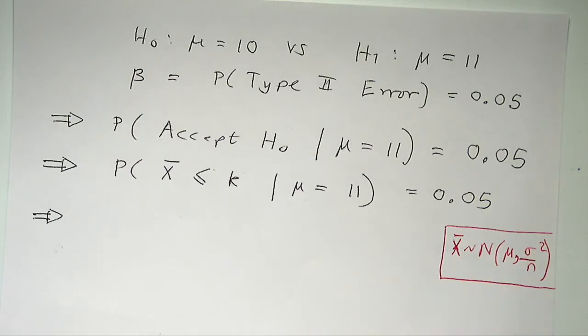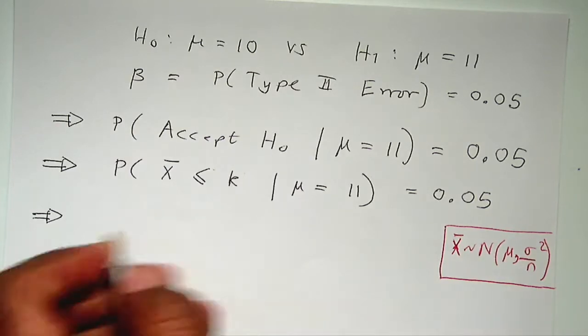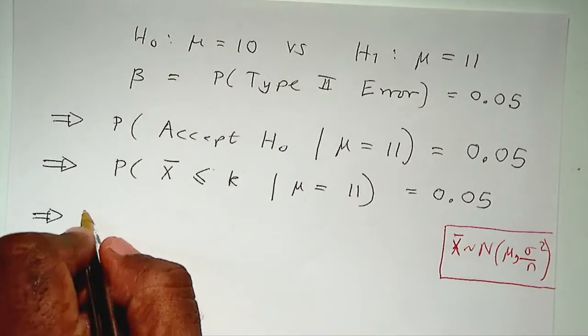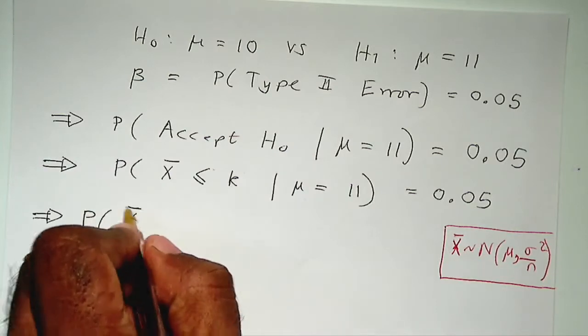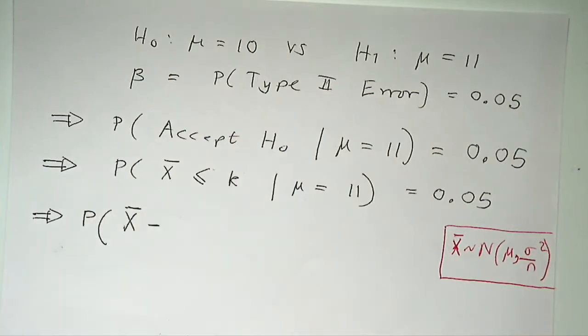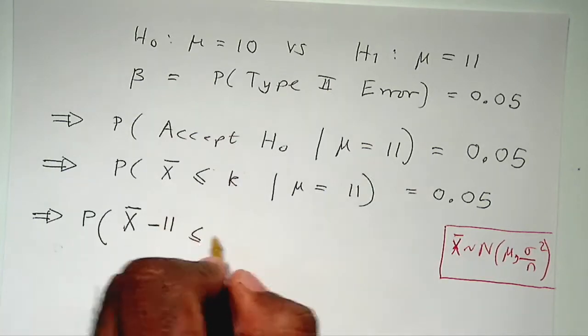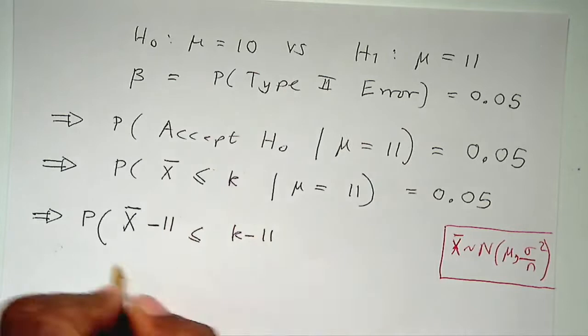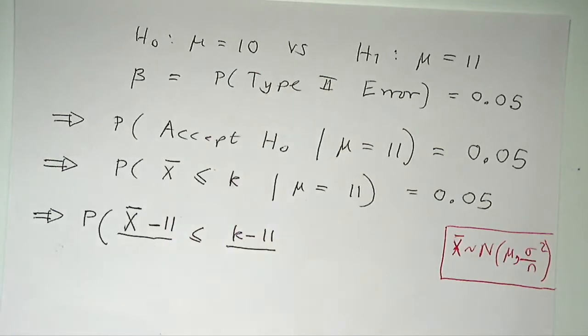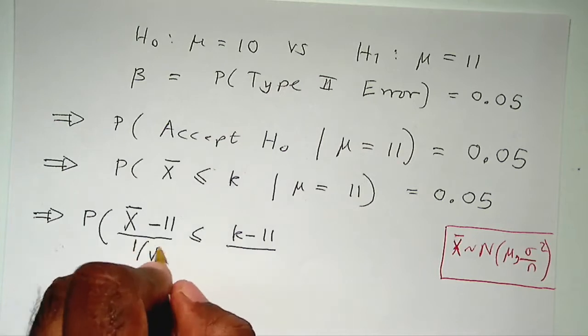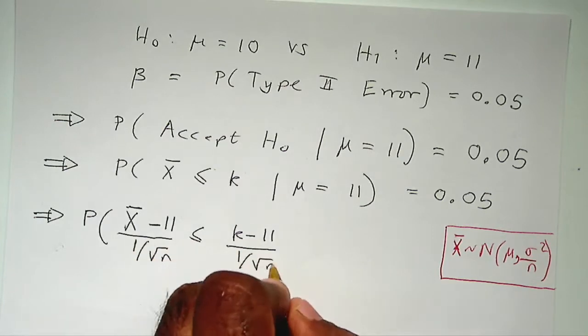Now I'm going to use the standardization, so I'm going to subtract the mean. Now what's the mean here? It's equal to 11. I'm going to subtract the mean on both sides, and divide both sides by the square root of this. Sigma is 1, so it's 1 divided by root of n.